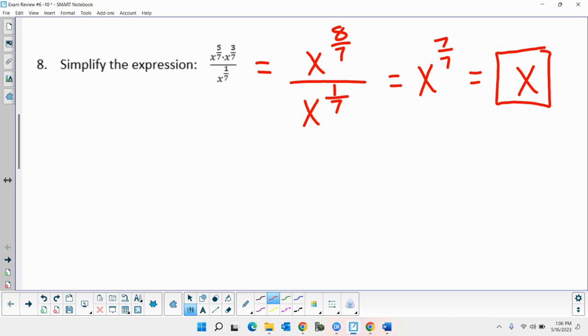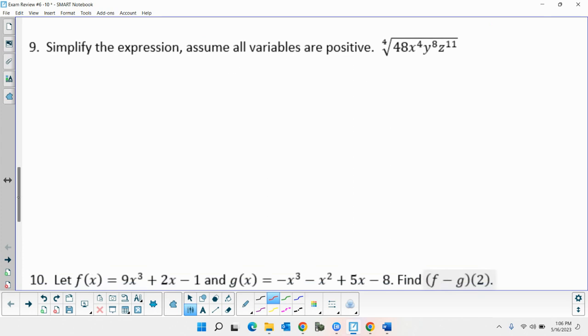Simple. We should know that. That's algebra 1. The only thing that's not algebra 1 is it's fractions for exponents instead of normal exponents. Come on, people. All right.